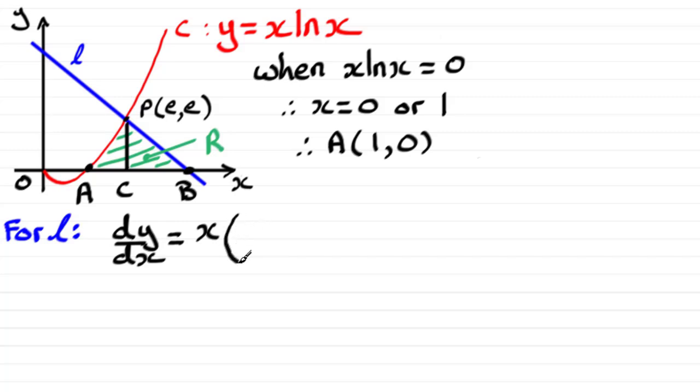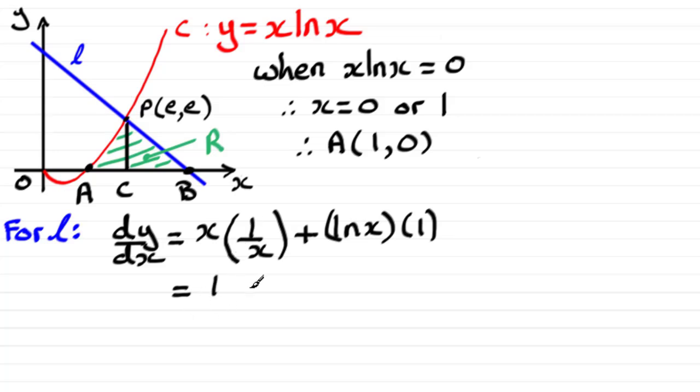The differential of natural log of x with respect to x is 1 over x. And then I plus, and then I take the other part, natural log of x, and I multiply it by the differential of x, which is just simply 1. And if I tidy this up, what we end up with is 1 here plus the natural log of x.